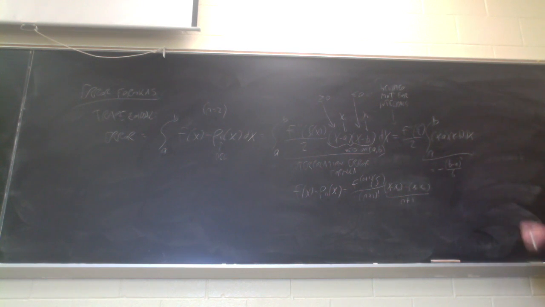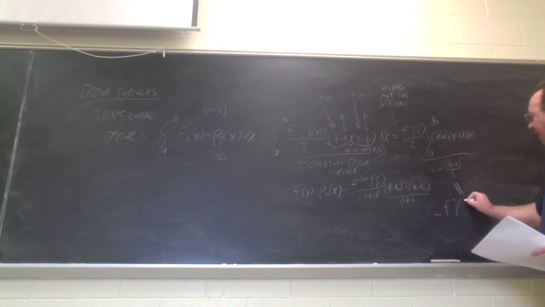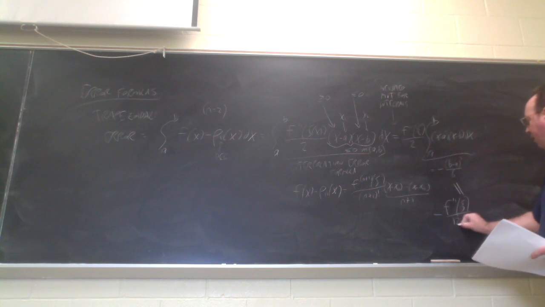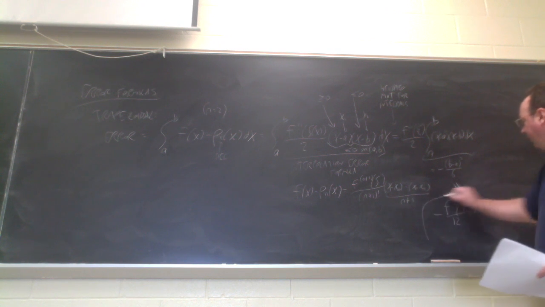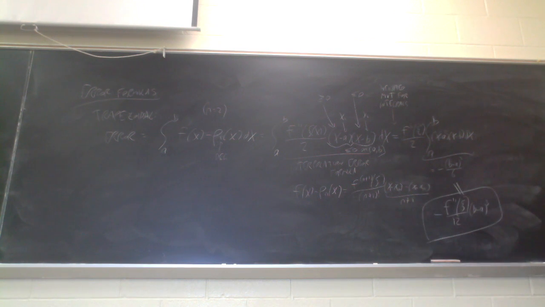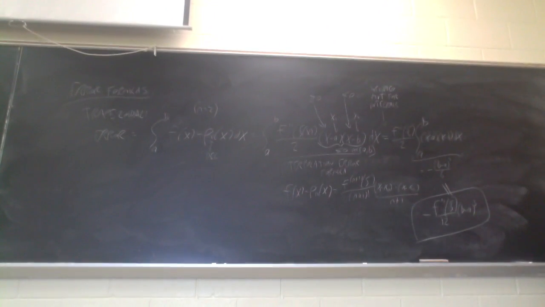So we put everything together, and we get our error formula, and it's minus f double prime at an unknown point over 12 times (b minus a) cubed. So that is the error in the trapezoidal rule.